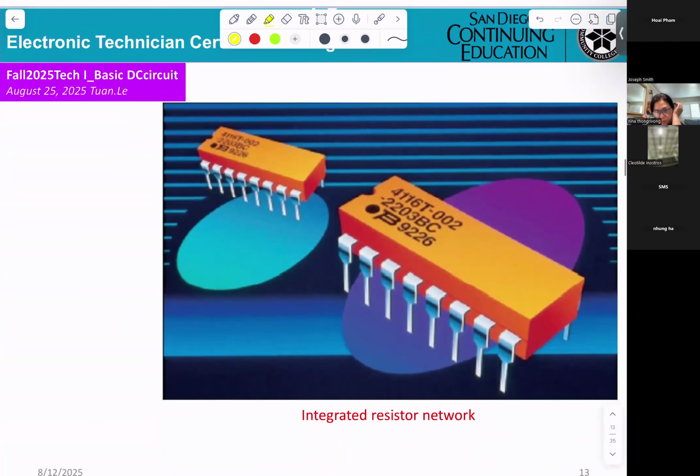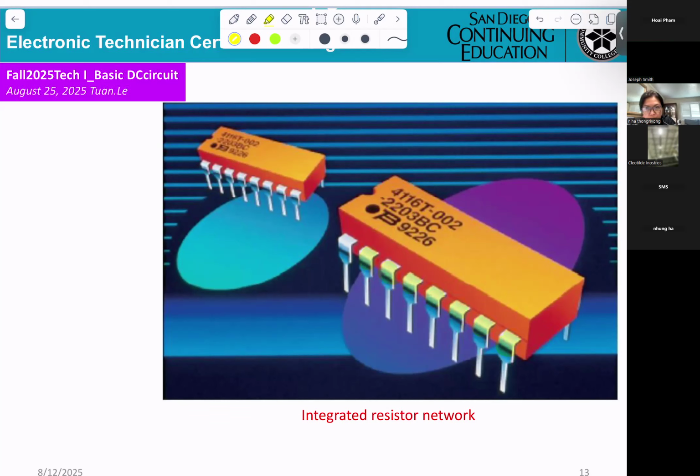And also, now you can get an IC. They make resistors inside: 1, 2, 3, 4, 5, 6, 7. Inside that IC, they get 7 resistors.